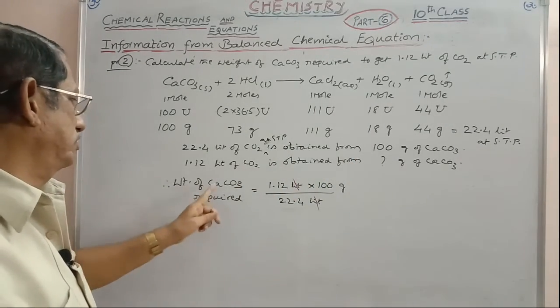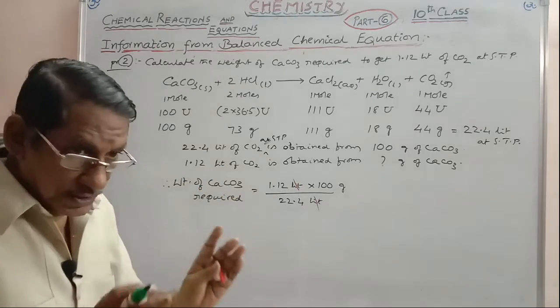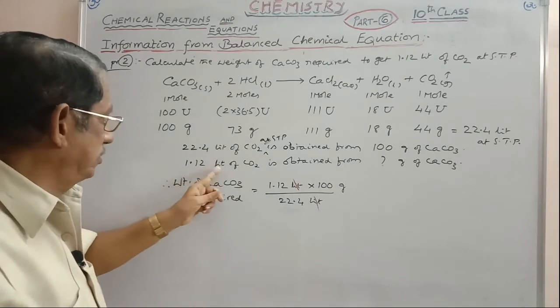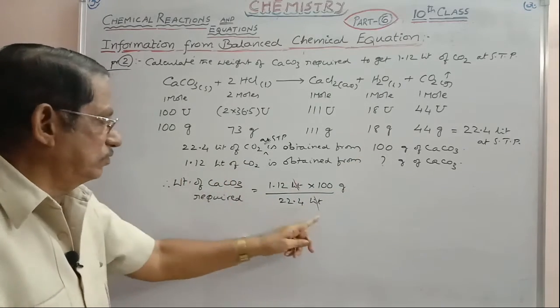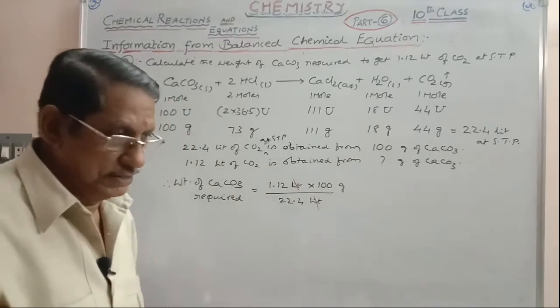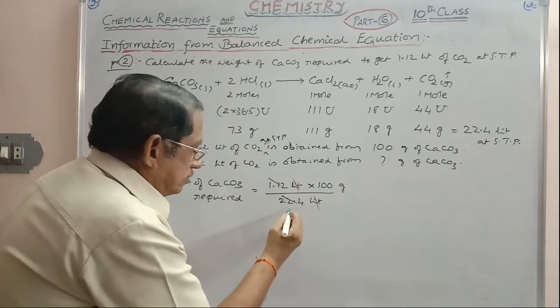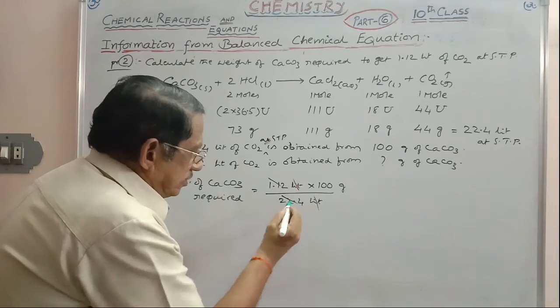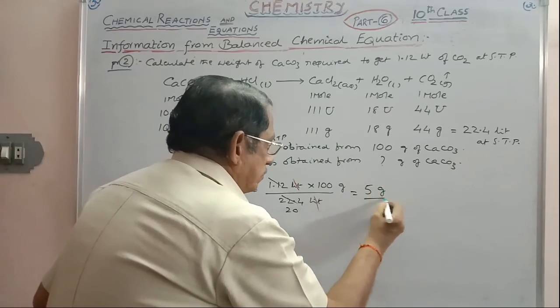Therefore, you can calculate weight of CaCO3 required here: 1.12 liters, completely write the units, 1.12 liters into 100 grams by 22.4 liters. And here liters cancel, grams remain there. The answer will be in grams. 1.12 here, how many times? 20 times. 20 by 100 is equal to 5 grams.